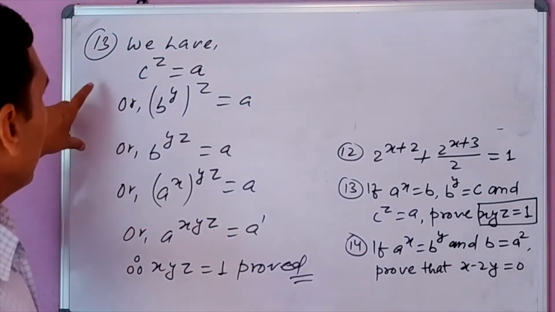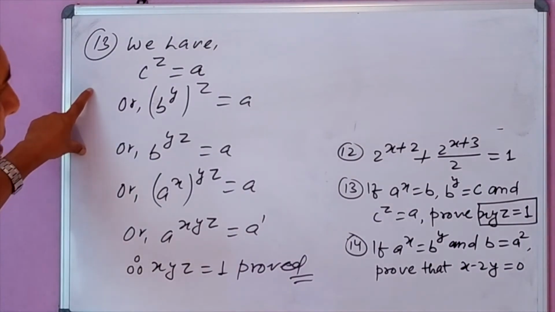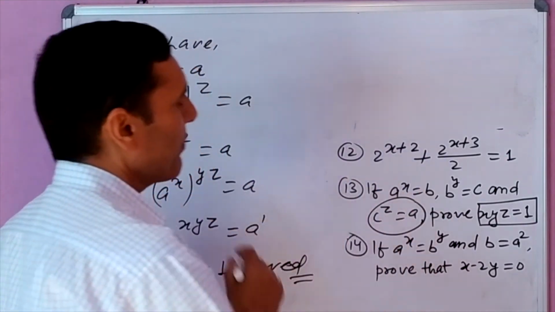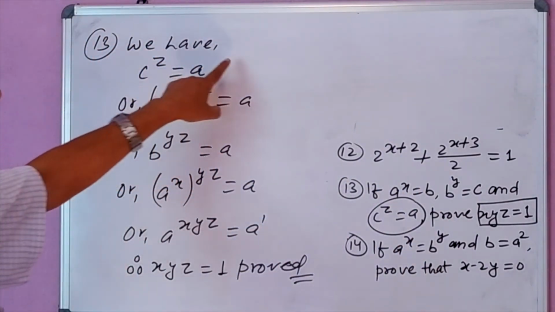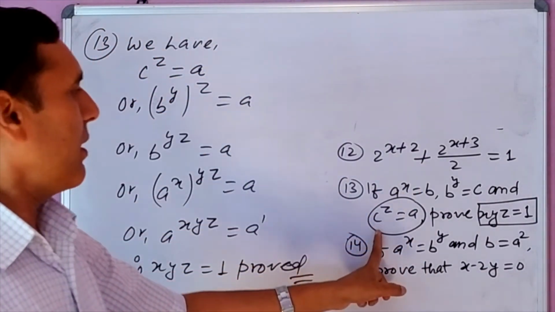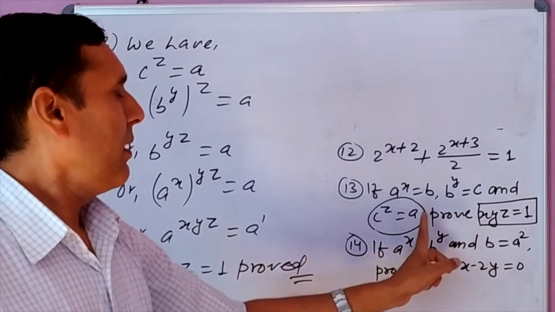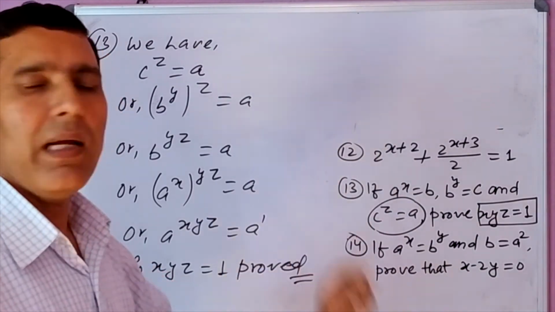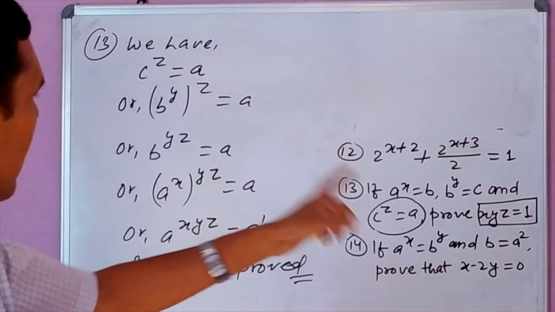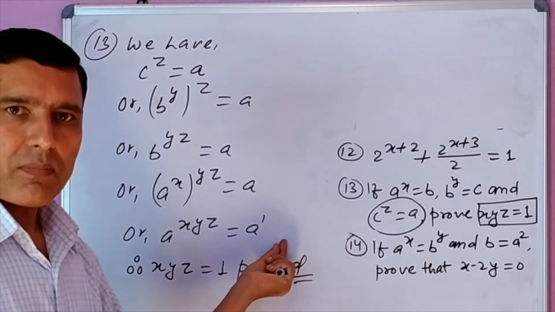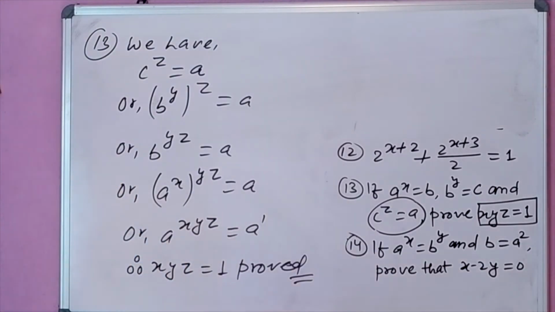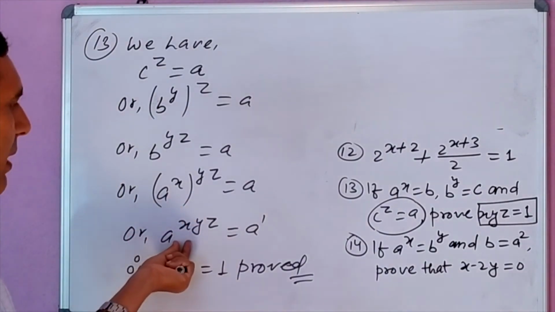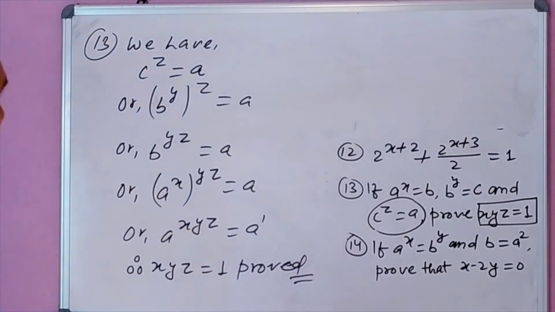To get the same base in an easy way, I started from the last condition, c to the power z is equal to a, so that in the place of c we can write b to the power y. Similarly, in the place of b we can write a to the power x. On the right hand side already we have base a, and on the left hand side we also got base a to the power xyz. This is the technique.